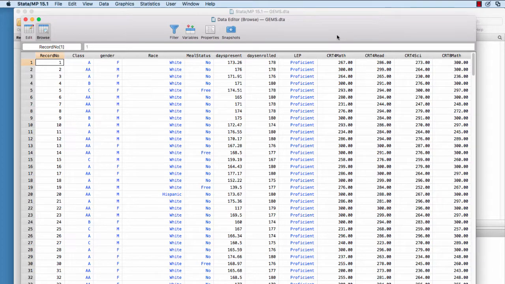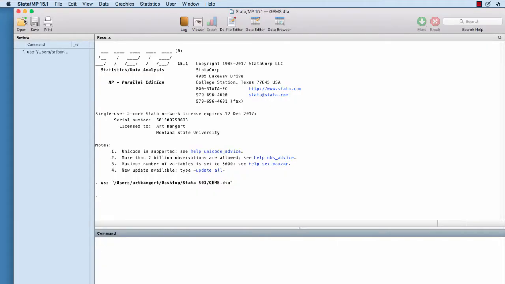The variables that we're going to use for this demonstration are the 4th grade math criterion reference scores, 4th grade reading scores, and 4th grade science scores. So I'm going to close this and I'm going to correlate those three variables.